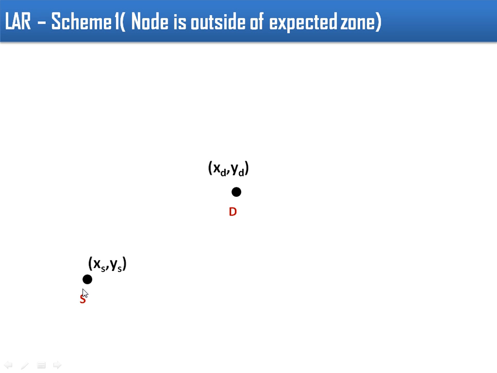So these are the coordinates of node S, and say xd and yd are the coordinates of node D. Our first constraint says the shape of the request zone is a rectangle, and the second says this request zone should include the coordinates of S and the expected zone of D. So xd and yd is the last known location of D at time T0, and at time T1, S is initiating the route request query.